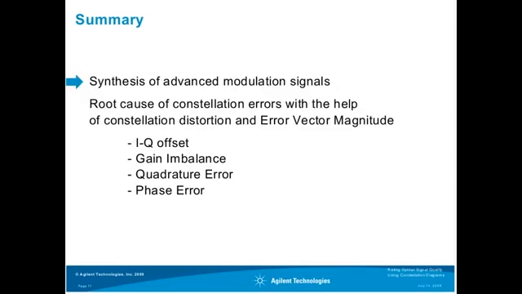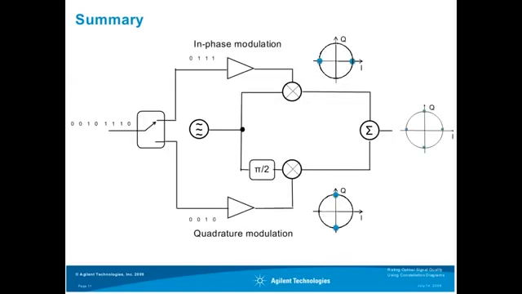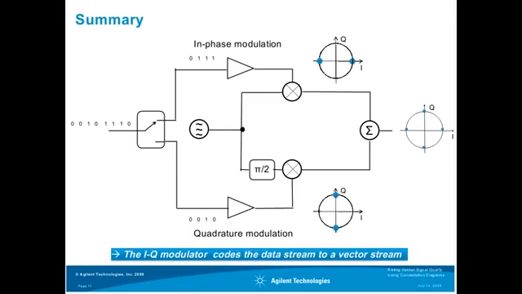So now let's have a brief look at how we can synthesize this kind of signals. Here I have outlined the basic structure that is used in RF and in optical modulation to create an IQ signal, or an in-phase quadrature modulated signal.